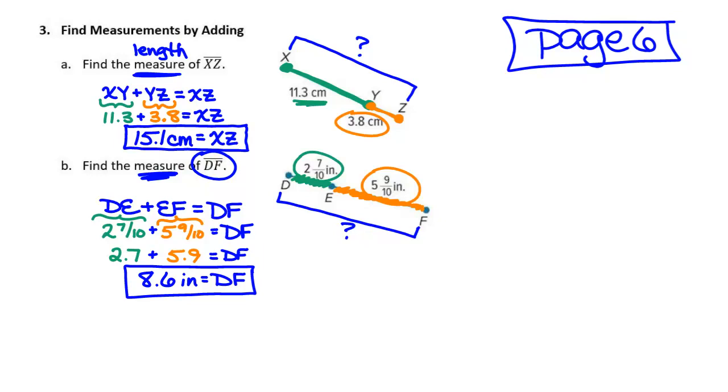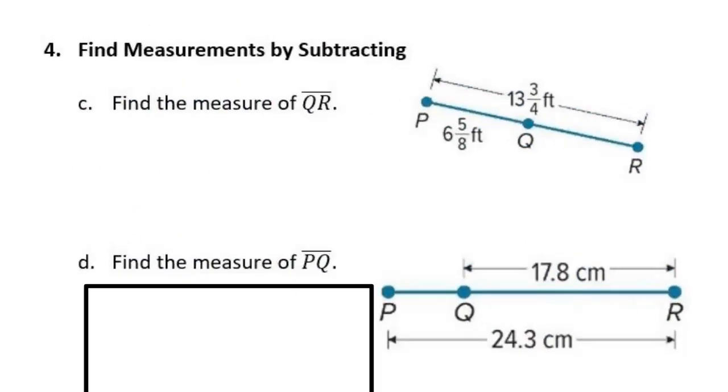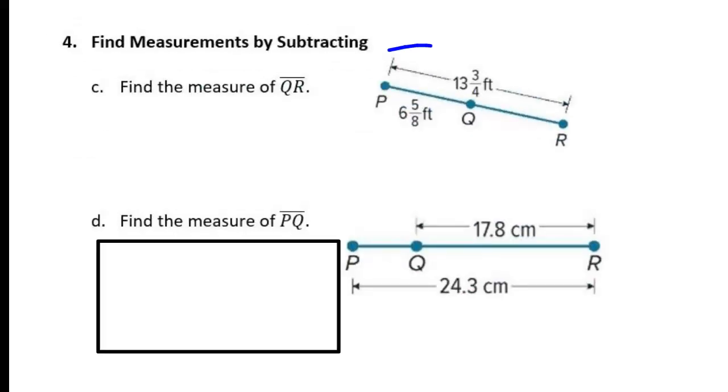All right, let's look at number 4. Number 4, I want to find the measurement of segment QR. I see 3 distinct line segments when I look at this picture right here. I want to know what the names of the smaller 2 are. What are the 2 smaller segments that are being put together?